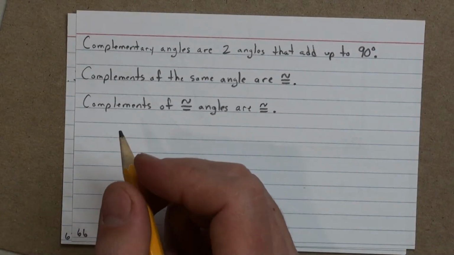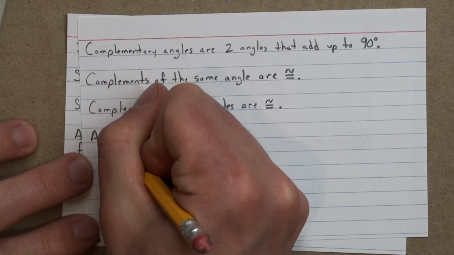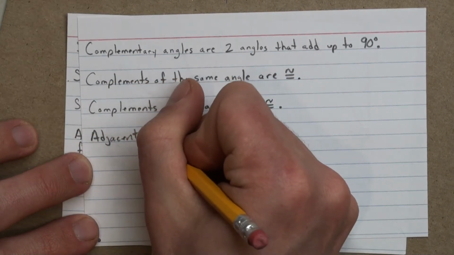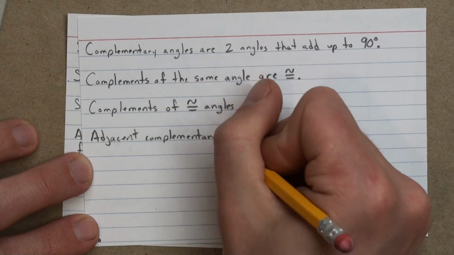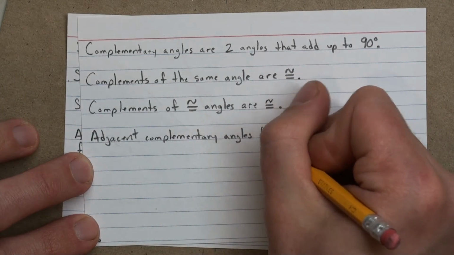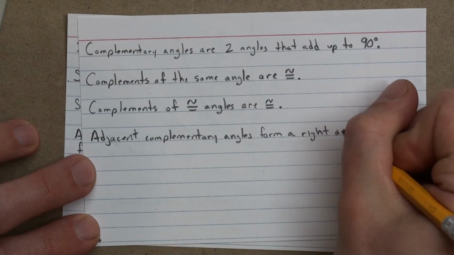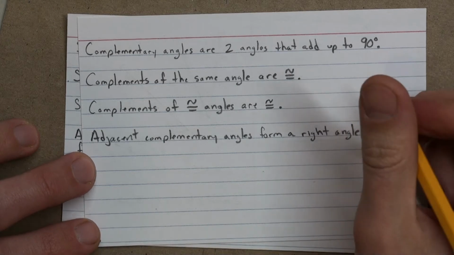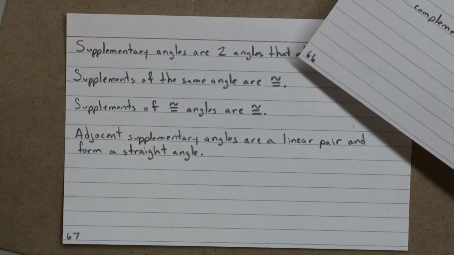Now before we go on, let's just go back one and write down, before I forget, adjacent complementary angles form a right angle. Yeah, that's good enough.